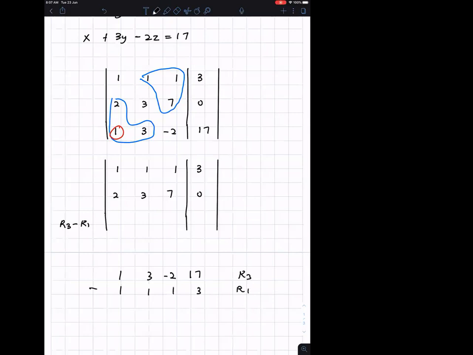So you subtract them. 1 minus 1 is 0. 3 minus 1 is 2. Minus 2 minus 1 is minus 3. 17 minus 3 is 14.